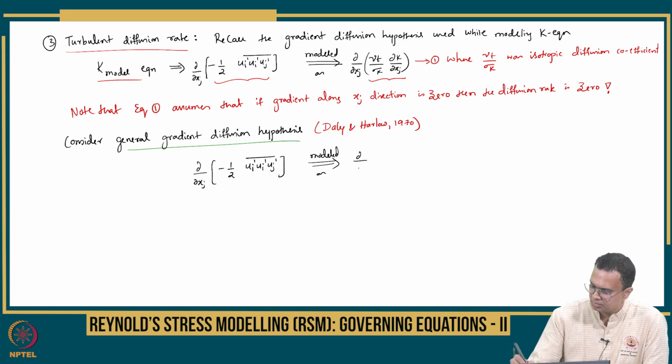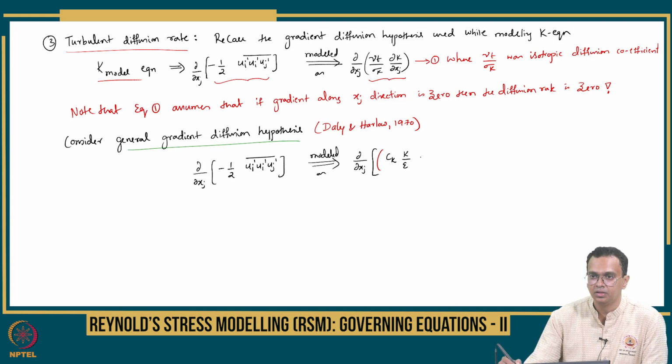We essentially take ∂/∂xj of another term here, the anisotropic diffusion coefficient, which is Ck, a model constant, k by epsilon, a time scale introduced to make a dimensionally consistent form, and the anisotropic diffusion coefficient. Instead of eddy viscosity we use Reynolds stresses, because Reynolds stresses are being calculated, which represents the anisotropy in the flow.